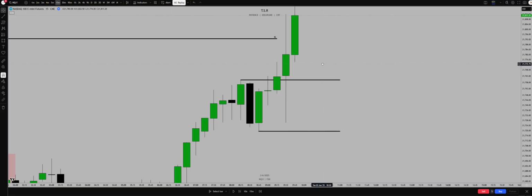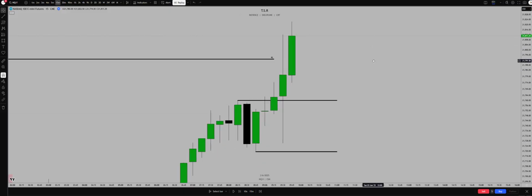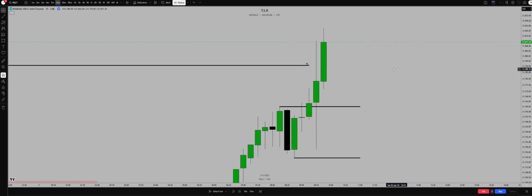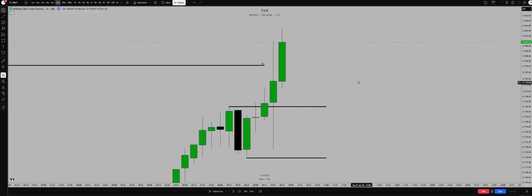Now we're going to need to see, was the tap into those lows after the sweep or before the sweep? Did we sweep the lows to then sweep the highs, or did we sweep the highs to then sweep the lows? We're going to drop down to a lower time frame to verify that. That being said, in this example, the 15-minute CRT that we would be anticipating would be this right over here.